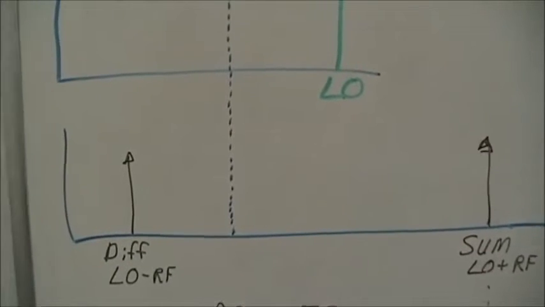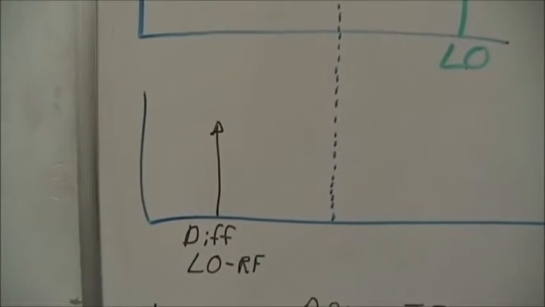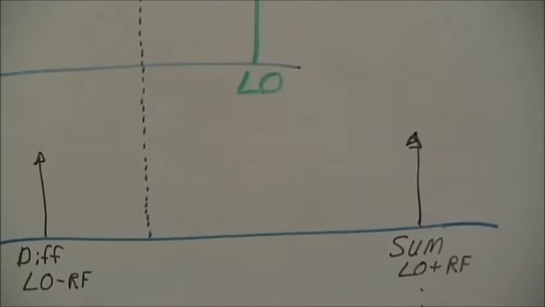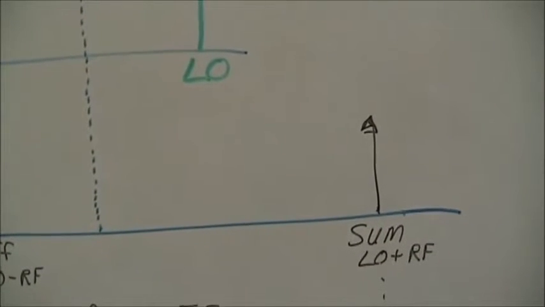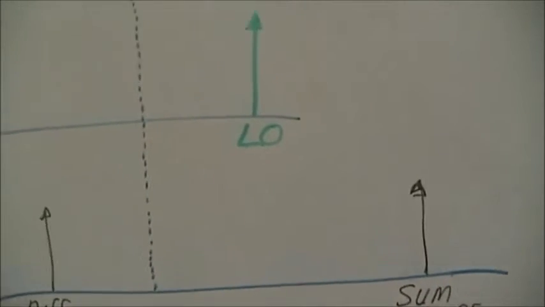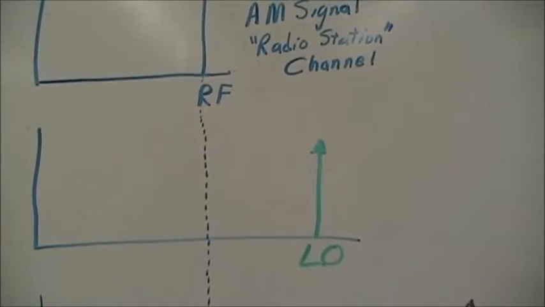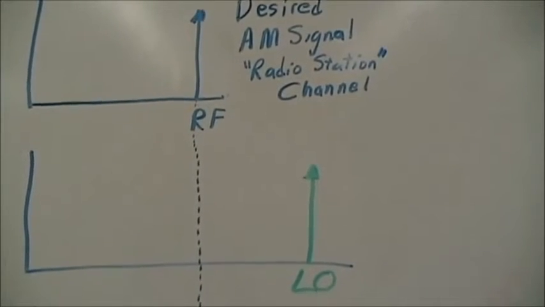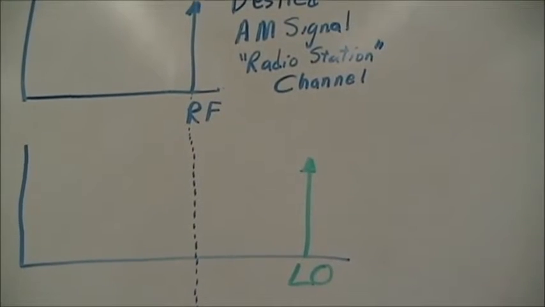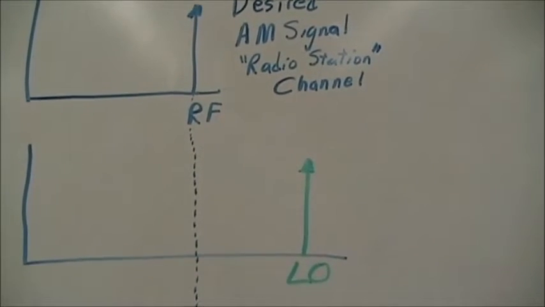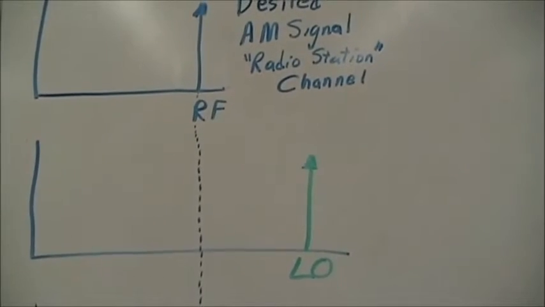The difference will be equal to the LO minus RF, and the sum will be equal to the LO plus the RF. That is assuming that the LO is greater than the RF signal, so-called high side injection, the LO being greater or higher than the RF.